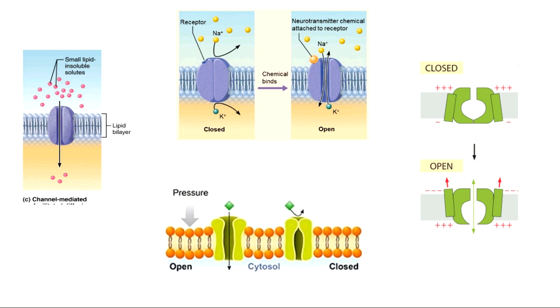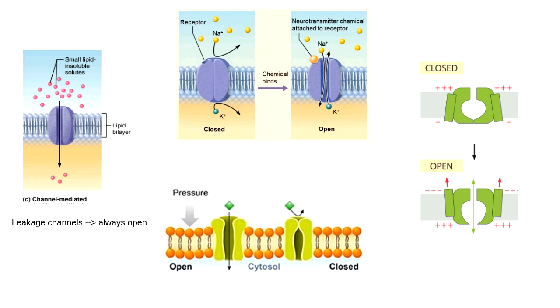Channel proteins that are always open are called leakage channels. Think about leakage channels like a leaky faucet that's always dripping. So leakage channels are always open.